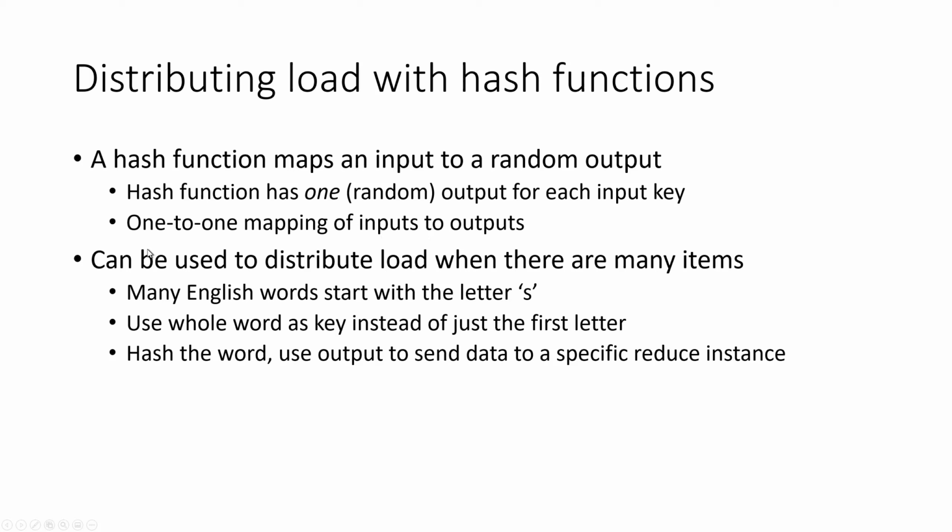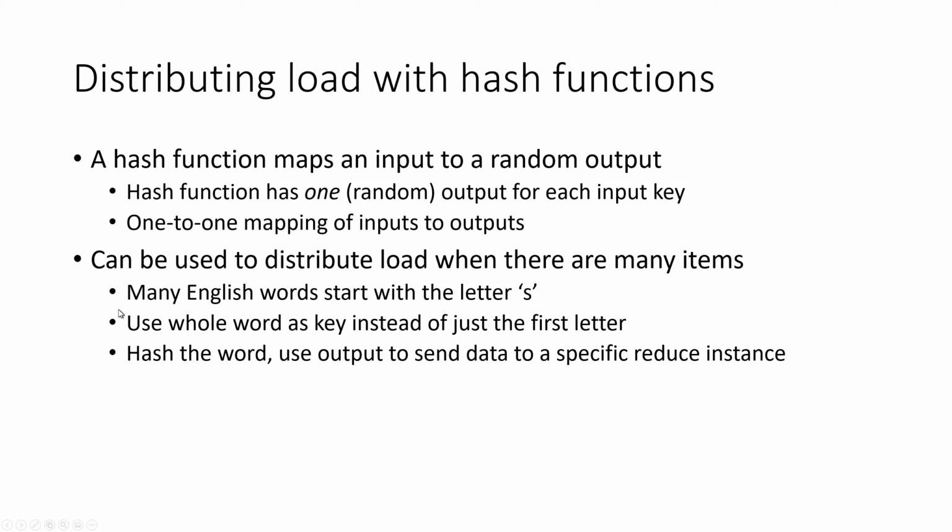And the hash function can be used to distribute load when there are many items. So for each item, we're going to hash it, and then we get a number, and then this number will allow us to, for example, identify which instance should process that item. Let's go through an example. So many words in English start with the letter S. So if we just map all words starting with S to a given instance, that instance might get overloaded just because there are many words with S, so it might have more work to do than other reduce instances.